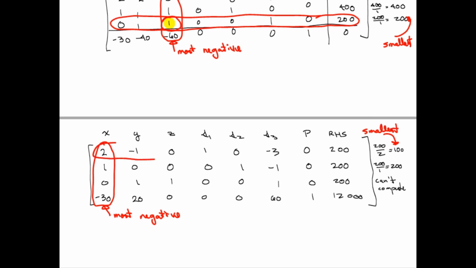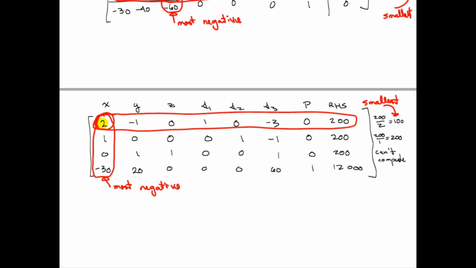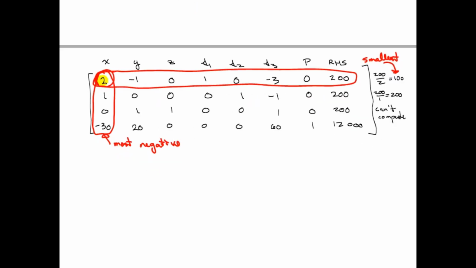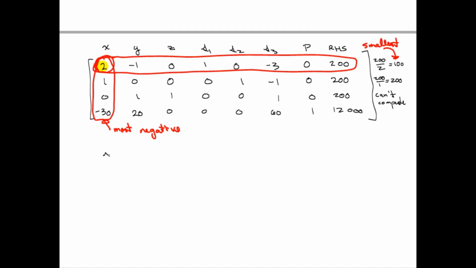Okay, so that puts me at using the first row for my pivot row. And so this first row, first column entry becomes my pivot element. And so now I do another pivot. So we're going to get a 1 in that entry, zeros elsewhere in the column. When we do it, this is what we get.